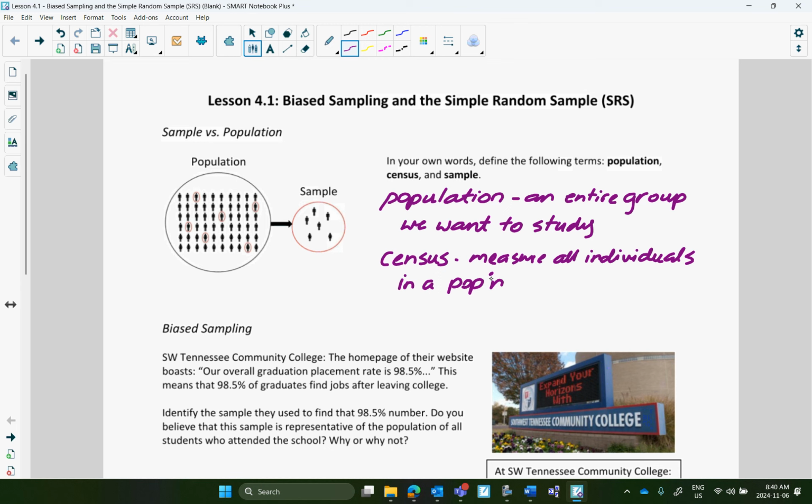Now it depends, again, what our population is. So like if I wanted to know about the preferences of social media for grade 12 students, I could probably get to every student and ask them, okay? So that way I could do what's called a census.